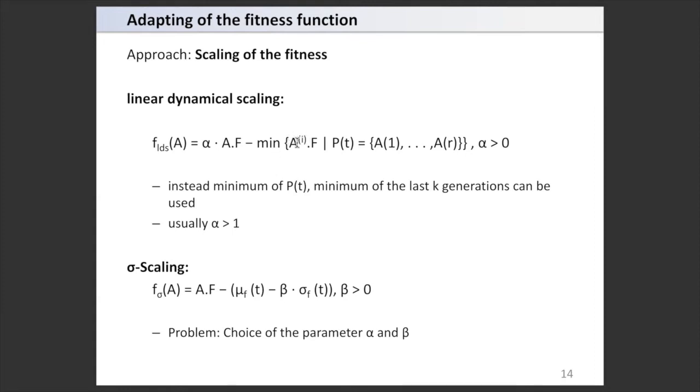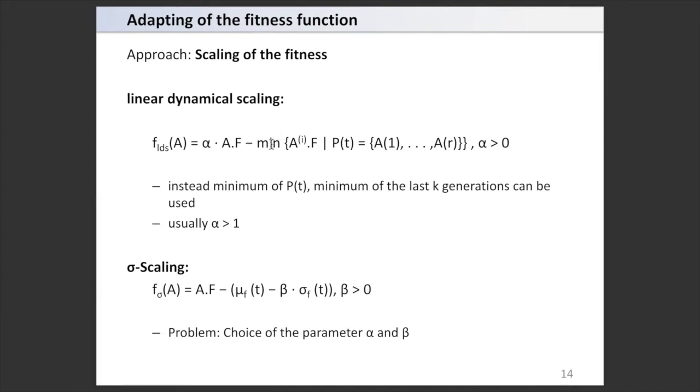Here we are considering all the individuals in the population, and we are considering the fitness value of those individuals at iteration t, and we are taking the minimum value of the fitnesses in the population.